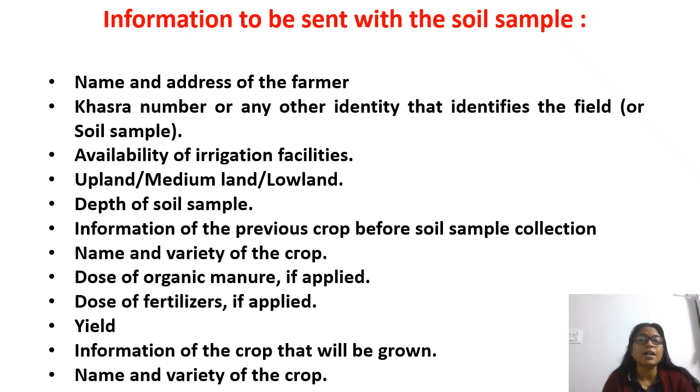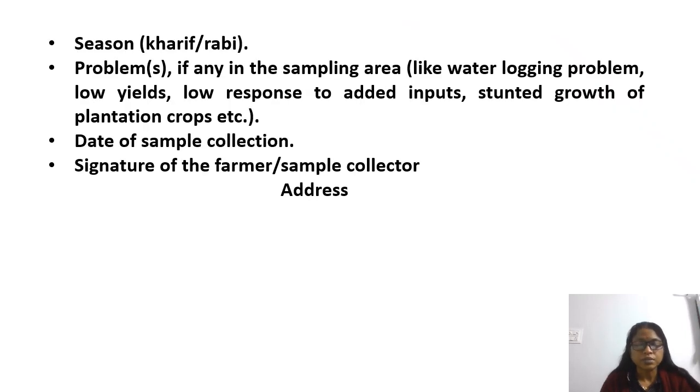The name and address, the survey number or any other identity of the field, the region's specific location, the availability of irrigation facility, the land's nature, the depth of the soil sample, the name and variety of crop, the dose of organic manure or fertilizer already applied on that particular soil, the yield you got in the previous crop, the season in which you need that soil to be used, the problem that the farmer is facing in that sampling area, the date of sample collection, and the farmer's detailed information.